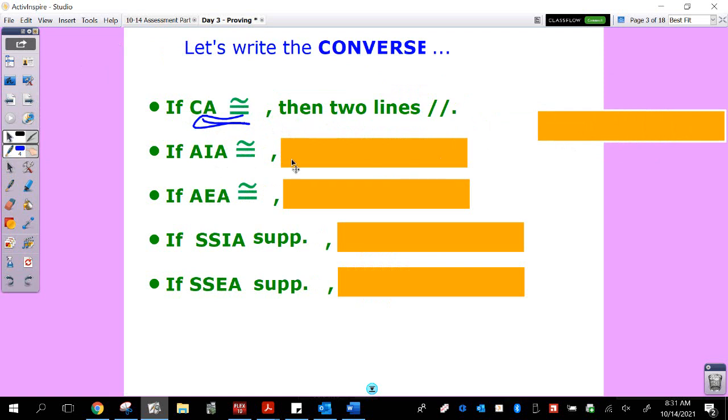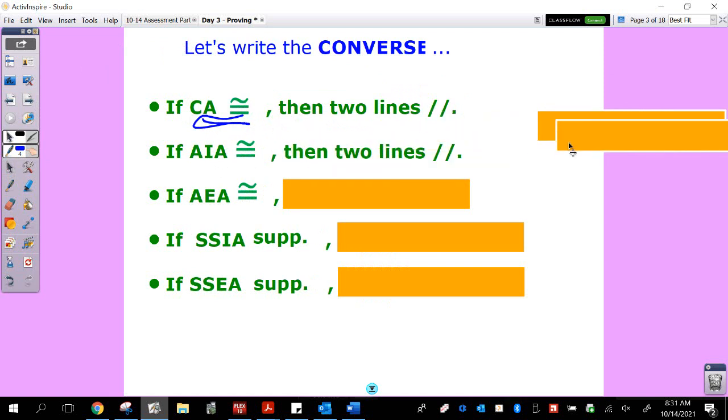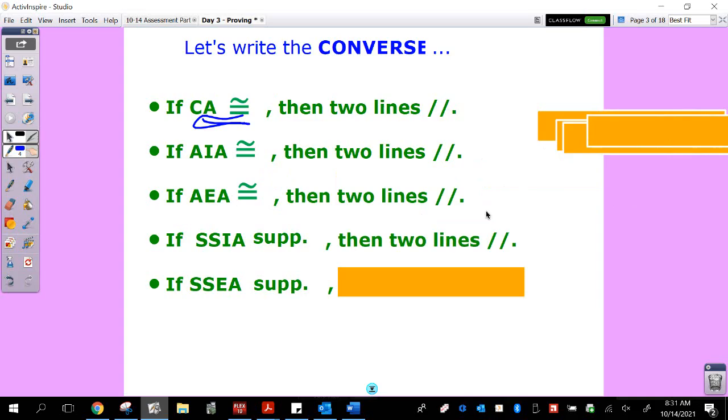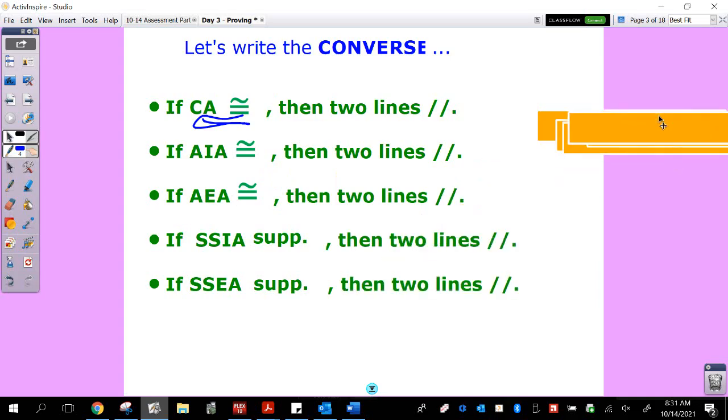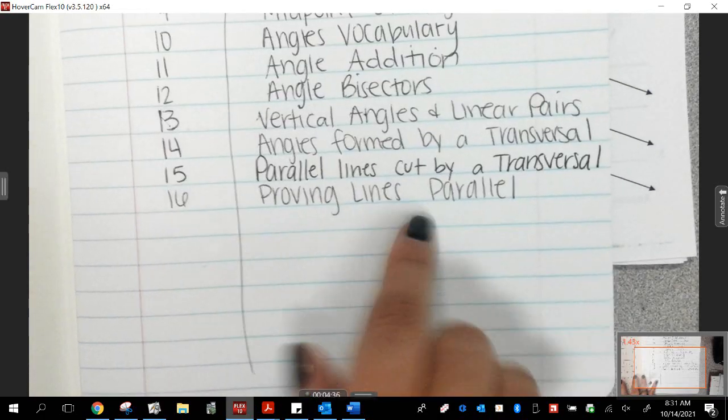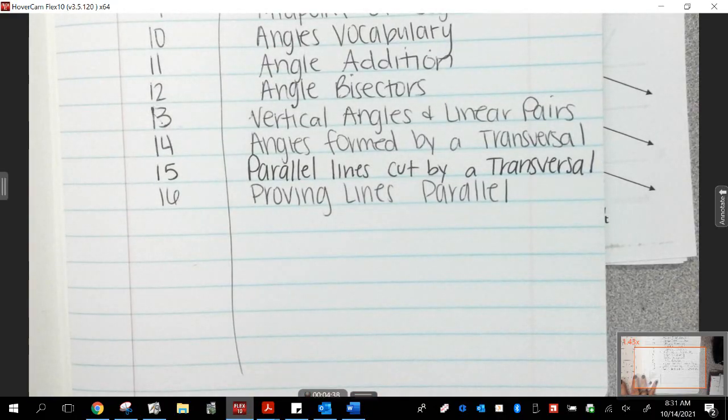Or if AIA is congruent, then two lines are parallel. Or if AEA is congruent. Today, I'm going to figure out, are these lines parallel? So, I want you to open your notebooks, page 16, and title it, Proving Lines Are Parallel.